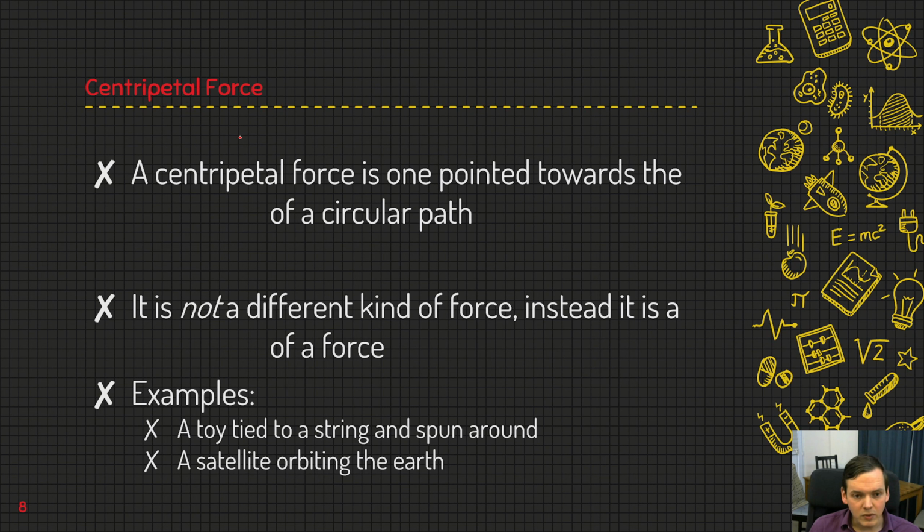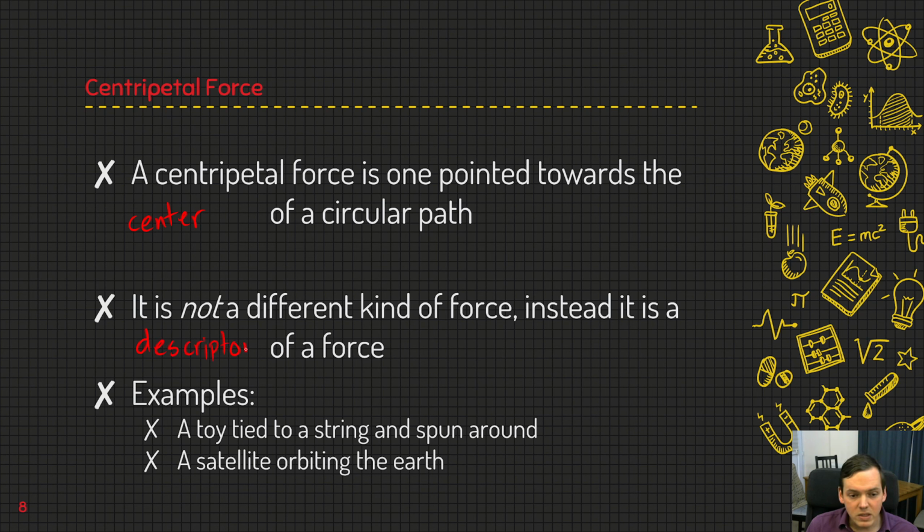A centripetal force is a net force that's pointed towards the center of a circular path. Now, what's important to note is it's not a different kind of force. It's not the same kind of idea as a frictional force or a tension force or a thrust force. Instead, we can think of it more like a descriptor of a force.